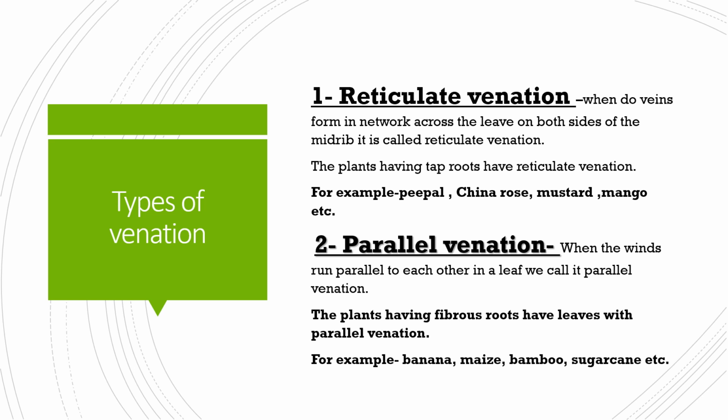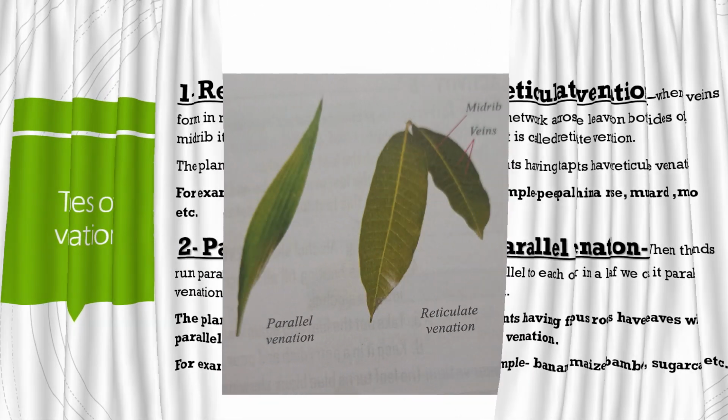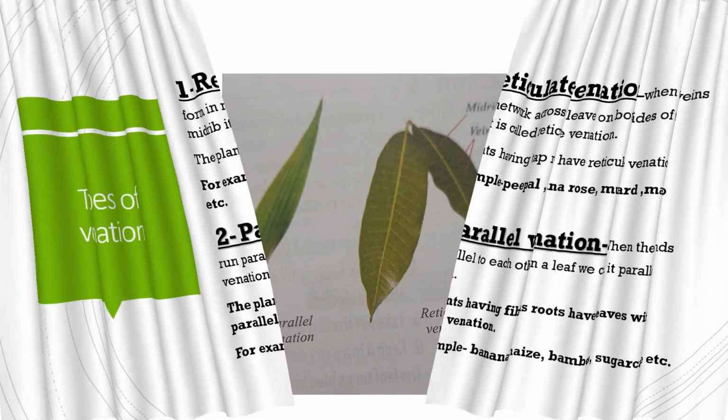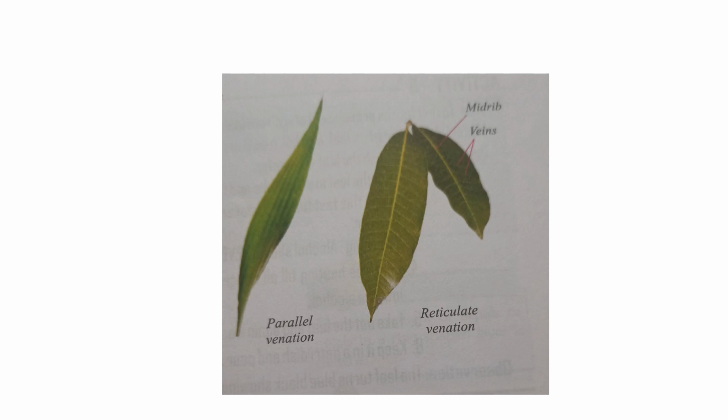The examples of plants bearing parallel venation are banana, maize, bamboo, sugarcane. Here in parallel venation, you can see that the veins are arranged in a parallel fashion. But here in reticulate venation, the midrib and veins have a particular pattern.